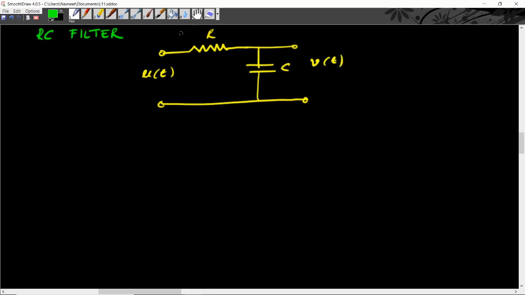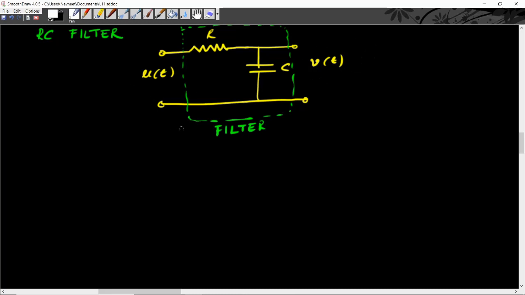So therefore this circuit is my filter. To understand why this simple circuit consisting of a resistor and a capacitor can act as a low pass filter, let's look at how this output signal V of t is related with an input signal U of t.